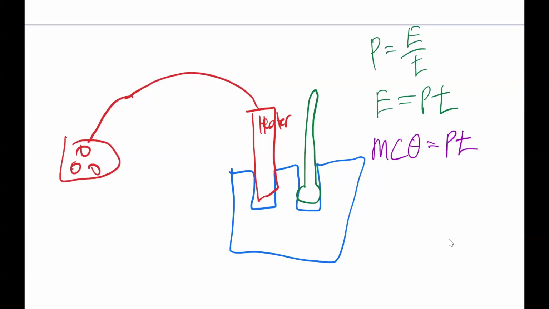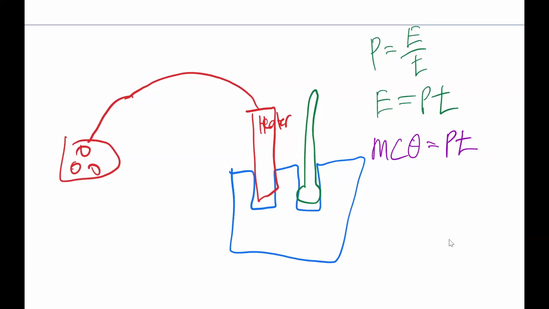I need electrical power from the source, and it must heat for a certain amount of time. And this aluminum block must have a certain mass and a certain specific heat capacity for it to finally change temperature. This is essentially a quick way to convert electrical energy to heat energy. Okay, everyone?